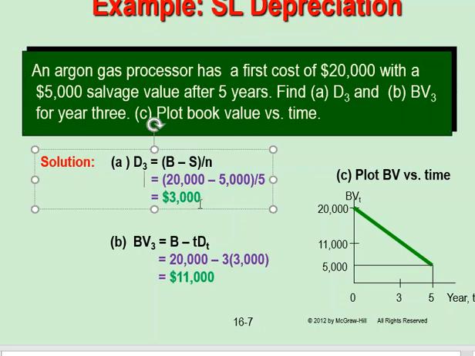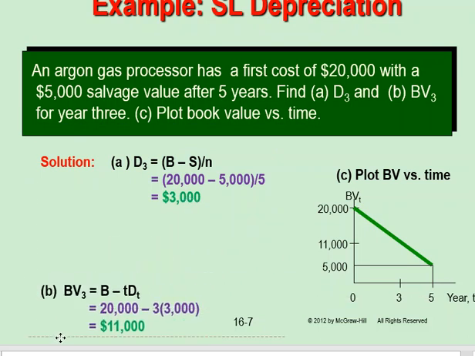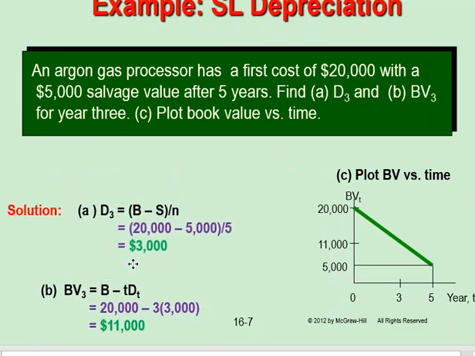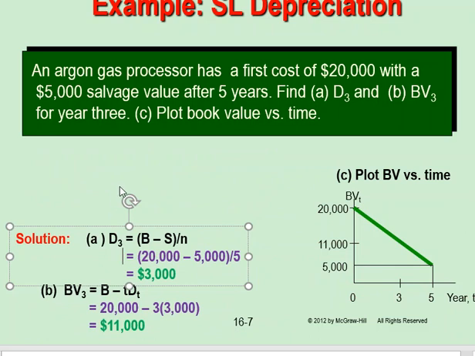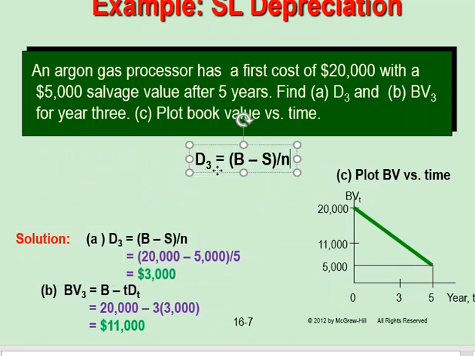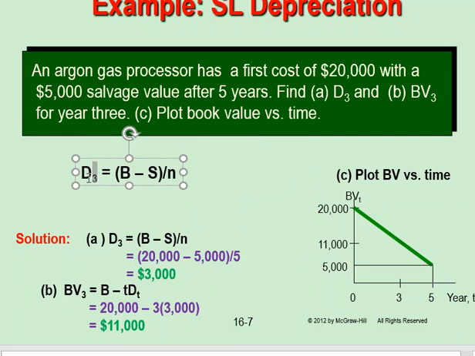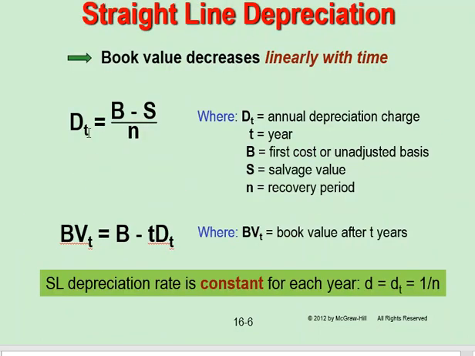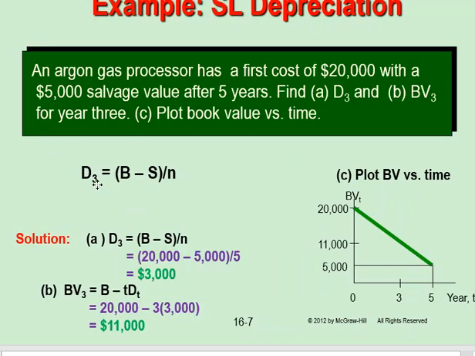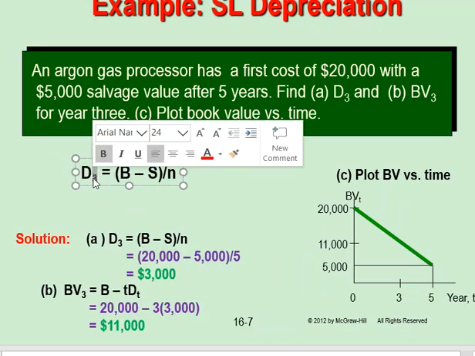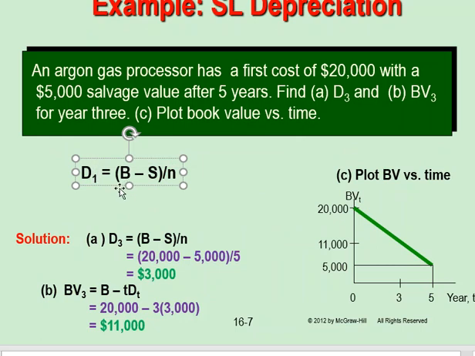Before I come to that example, let's do our example ourselves. We go back to the formula. It's telling me dt. dt is related to time. So what does it mean? I need the depreciation. What's the depreciation after 1 year? What's the depreciation after 2 years, 3 years?